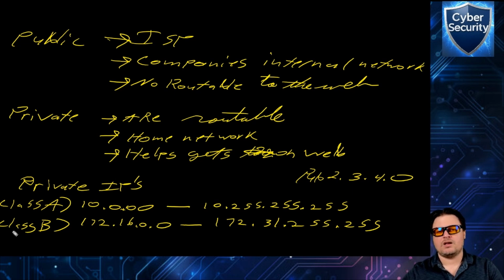Class B, the 172.16 through 172.31. Technically, as long as you remember Class B private range of 172.16 and you just times 16 times 2 is 32, technically it's 31.255.255, which is technically the same thing as saying, let's say, 99.9999999, right?